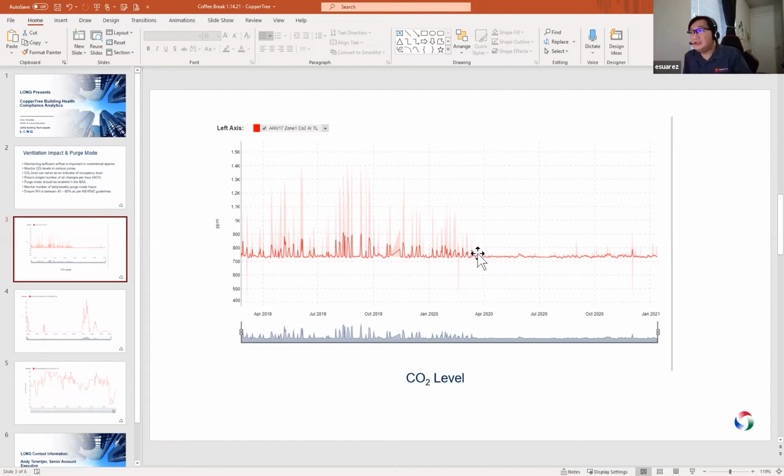The CO2 levels pretty much dropped significantly from like 1,300 ppm all the way down to like 750. Now, the new norm is being stated. We're recommending that you should keep, regardless whether your building is being occupied, to a level about 750 parts per million as far as the CO2 level.